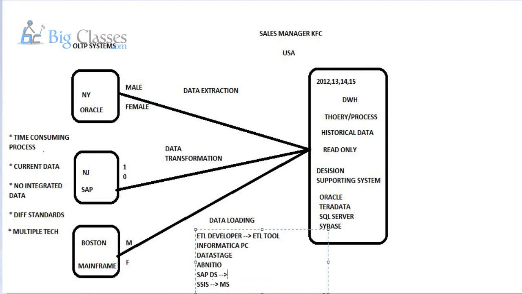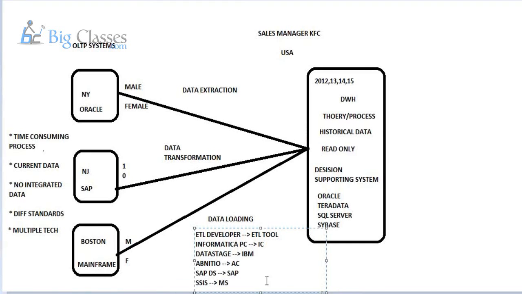SAP Data Services is from SAP, Ab Initio is from Ab Initio Corporation, and DataStage is from IBM. Informatica PowerCenter is from the Informatica Corporation. Out of all these, Informatica stands on top of all the ETL tools that we have because of its flexibility for working and training also.